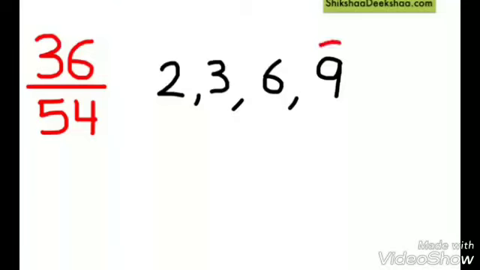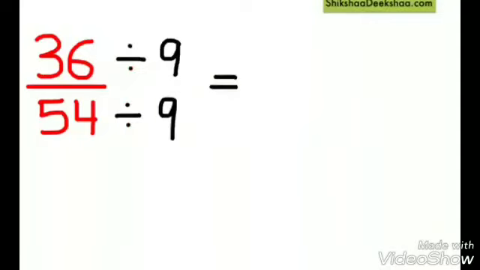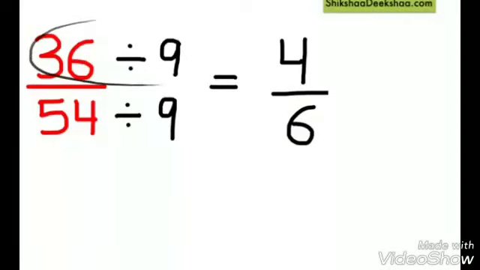Let's take the biggest number and divide both of them. So when we divide it, we have 9 4s are 36 and 9 6s are 54. That is, 36 divided by 9 is equal to 4, and 54 divided by 9 is equal to 6.